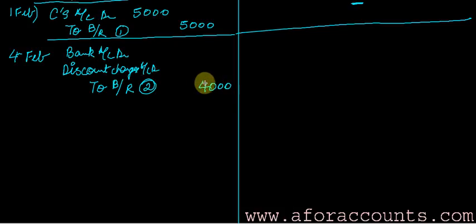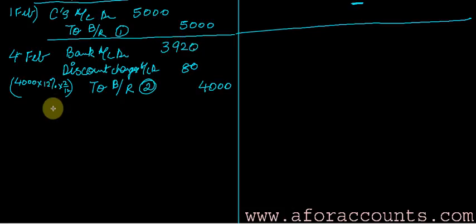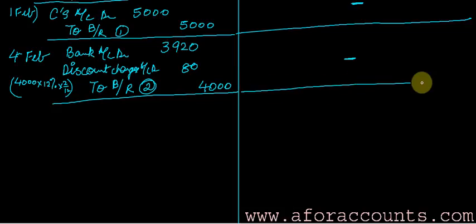Okay, so 4,000 into 12% into 2 by 12 for 2 months is the discount amount, and that comes to 80. So the remaining amount 3,920 will come to my bank. That is, I have done discounting of the bill and received it from bank. Now there is no entry here for discounting of bill.